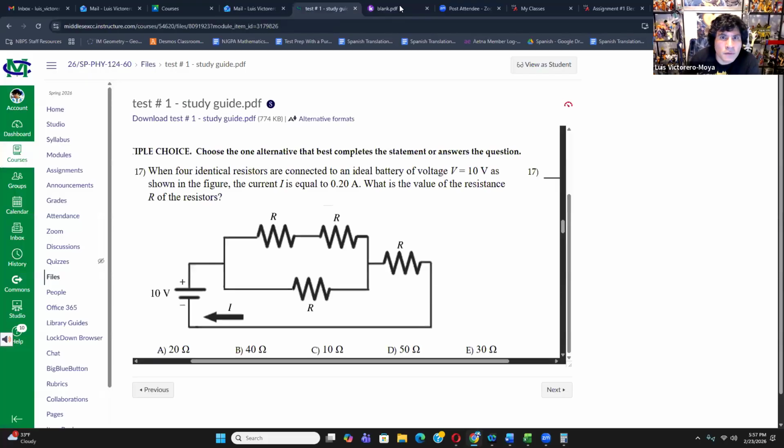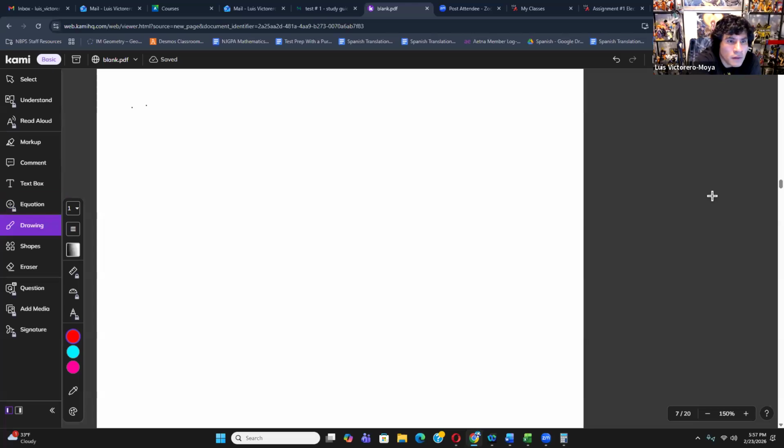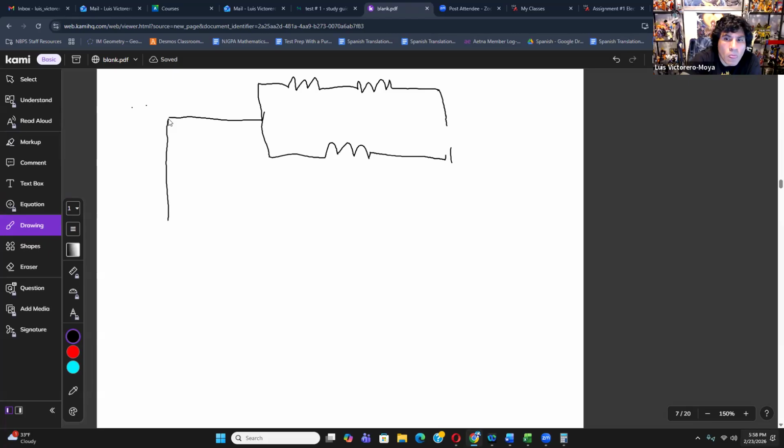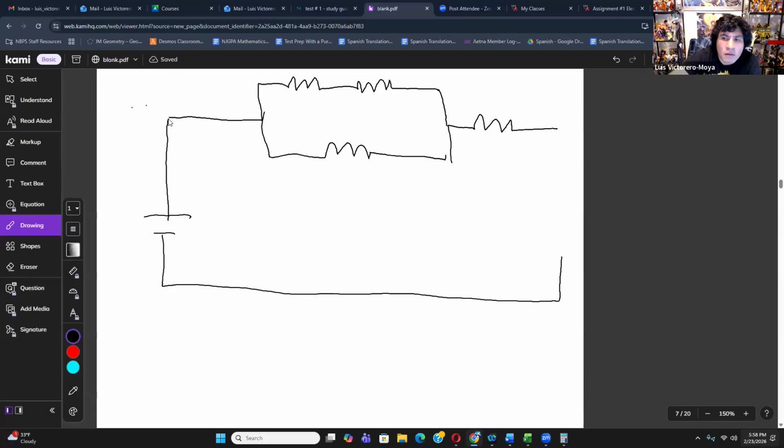So the circuit is basically like this. Remember that for this, you don't really need to know where the positive and negative is. Put it here just so you know, but it's not Kirchhoff's.